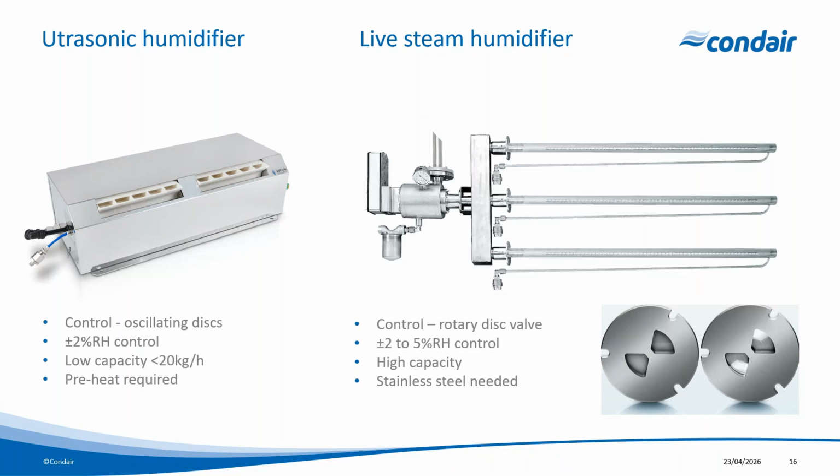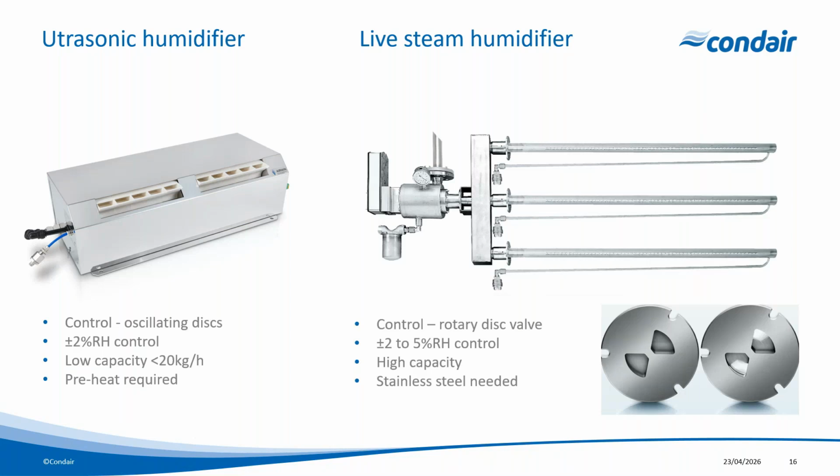Now, we may have an existing steam supply, especially if it's in a pharmaceutical application. And we can utilise that and tap into the steam supply and put the steam through a valve and then through a distribution manifold, as you can see in the humidifier on the right.